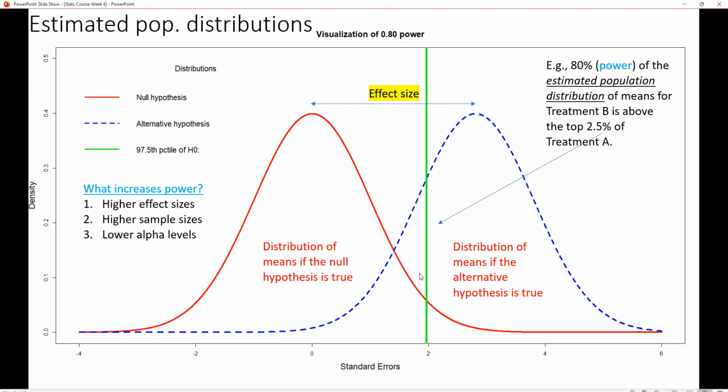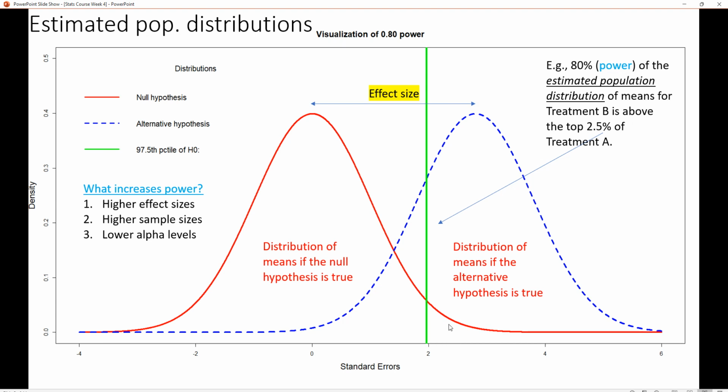You can also see how much overlap you have between the red and blue distribution, and there's probably 20% of the blue distribution, or our alternative hypothesis being true, that overlaps with this red distribution. So in fact, about 80% is above that 97.5th percentile in that red distribution.